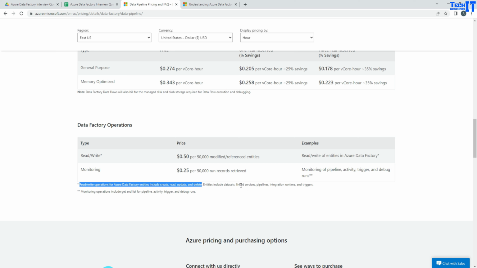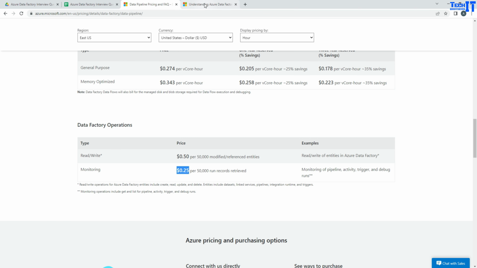Entities include the datasets, linked services, pipelines, integration runtime, and triggers. So for all those types of operations, if there are 50,000 of them, then you will be charged 50 cents. And monitoring, that's also right there. Monitoring operations include get the list for pipeline, get activity, trigger, and the debug runs. So if there are 50,000 of those, then you will be charged 0.25.